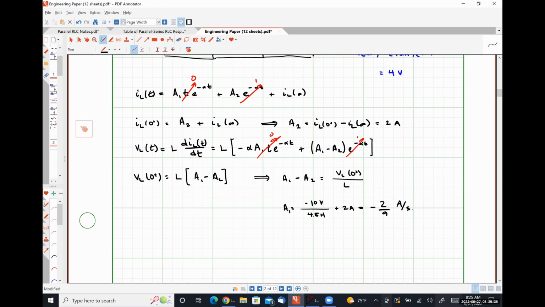From this, I of t is given by negative 2/9 t e to the negative alpha, 2/3 t, plus 2 e to the negative 2/3 t plus 0.